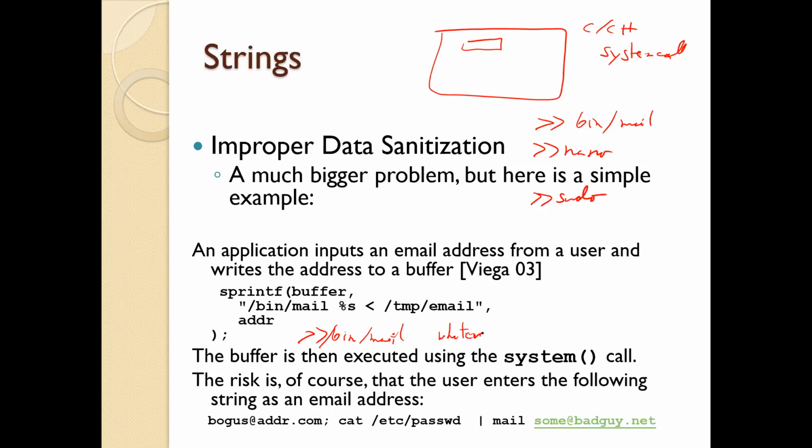You don't even care, but you put a semicolon. And after the semicolon, in your input, you wrote cat etc. Well, you can see it down here. You wrote all of this: a second command, which will basically copy the password file and mail it to some bad guy, right? Because here you have a pipe, which is also like a redirection.